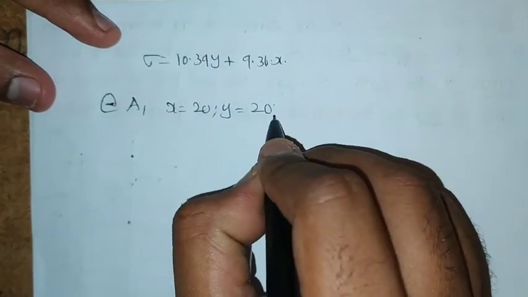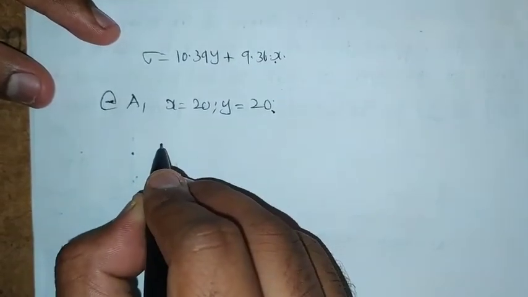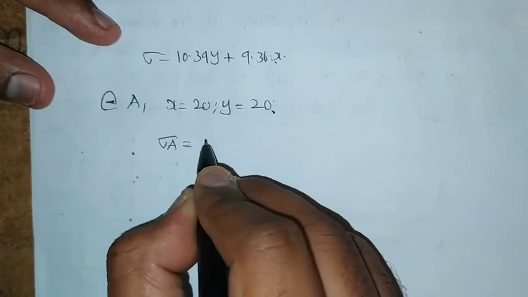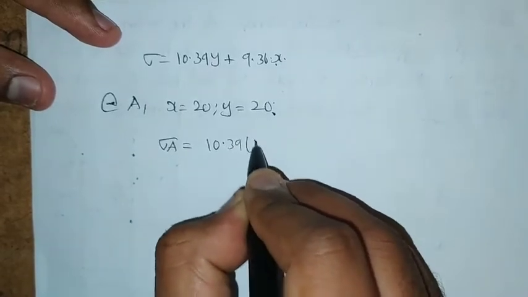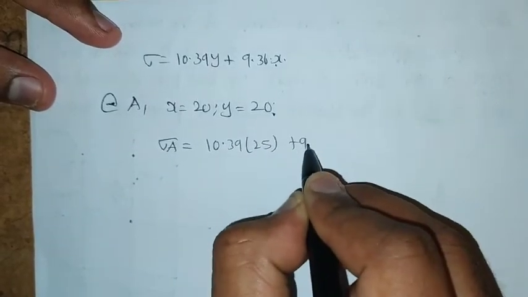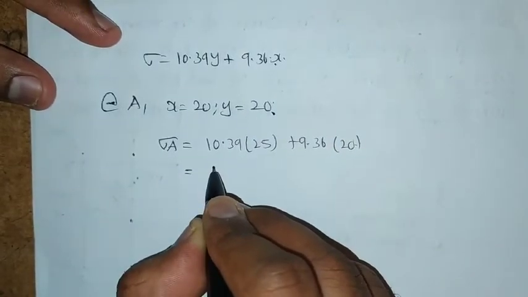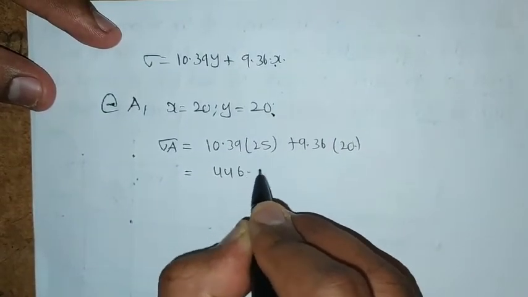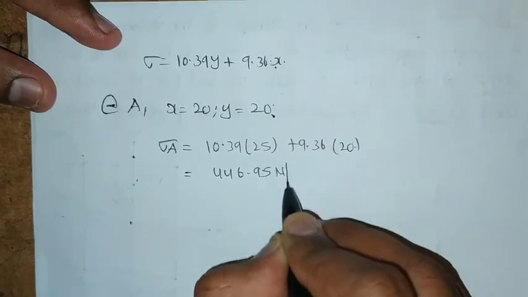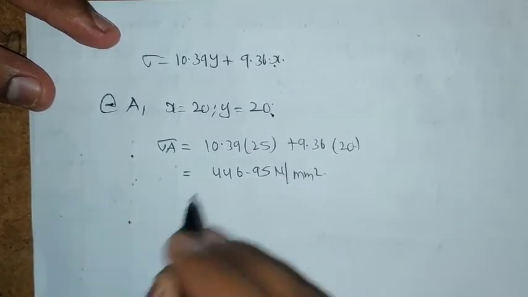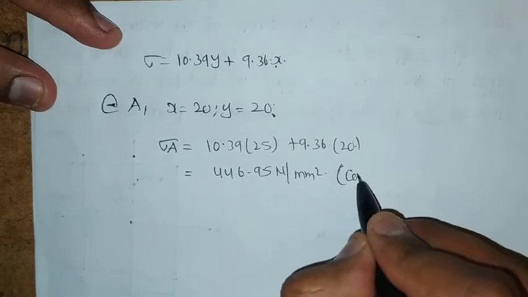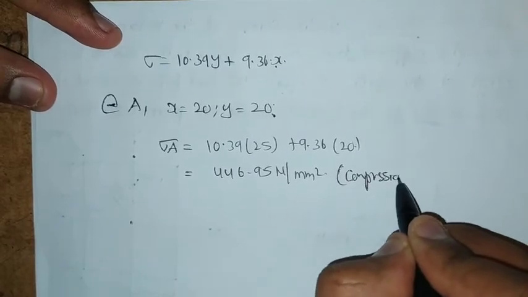Now we substitute these in the equation. At sigma A we get 10.39 into 25 plus 9.36 into 20. Then the sigma value we get is 446.95 Newton per mm square.